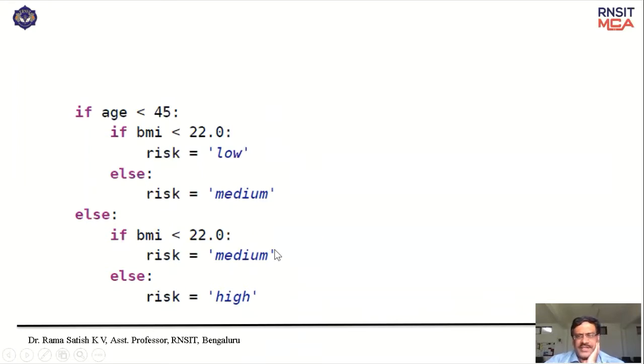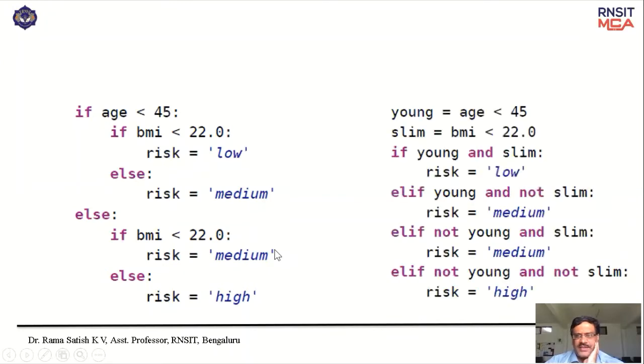Another method is this. Look here. I'm just storing the age that is less than 45 in young, and BMI less than 22 in slim. So the comparison result I've already stored in 2 variables, young and slim.